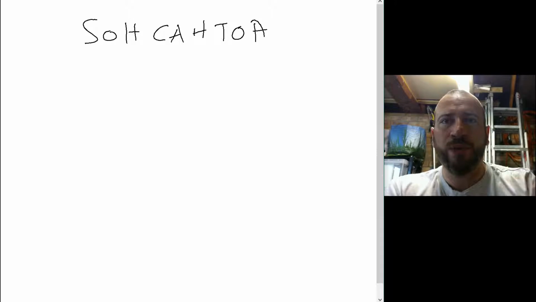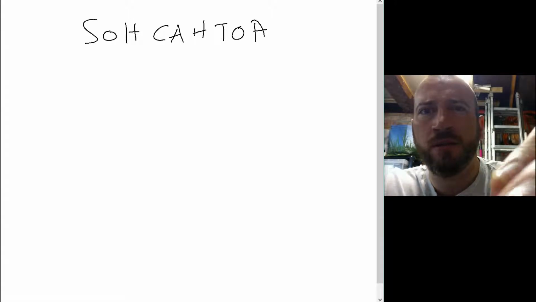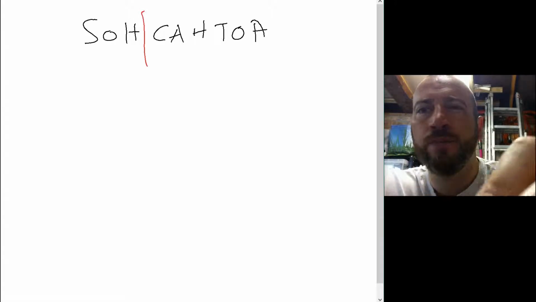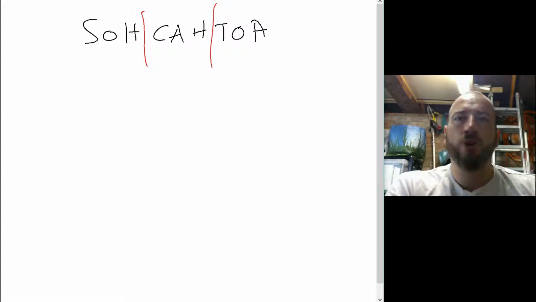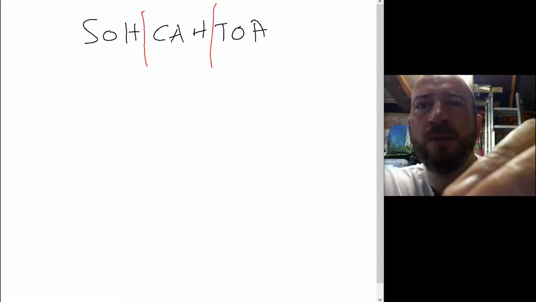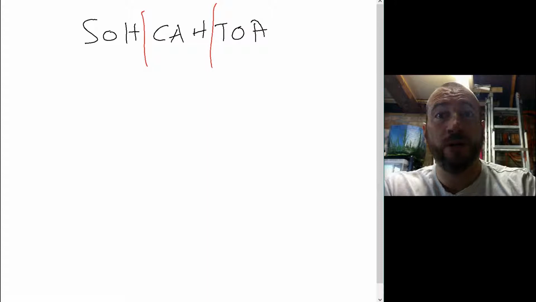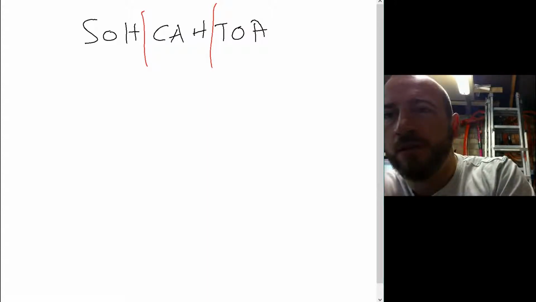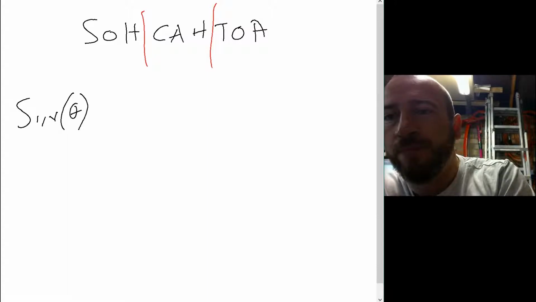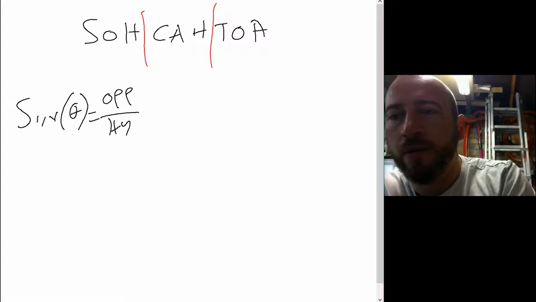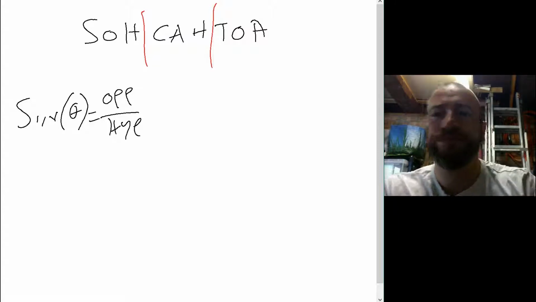Now that word breaks up into three sections. Let's have a look at that. We've got SO, CA, and TOA. And when we take those three individual bits, they break up again, like this. Sine theta is equal to opposite over hypotenuse.